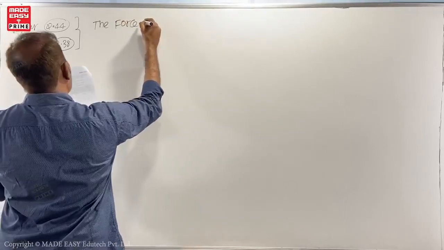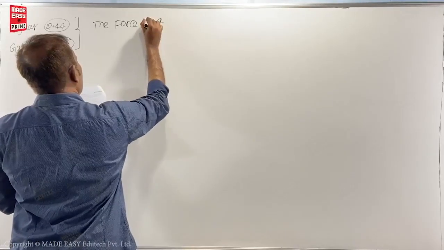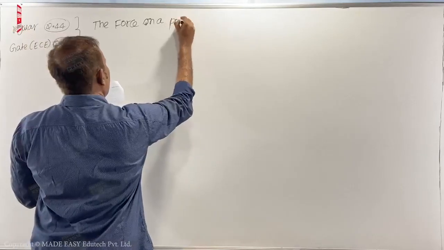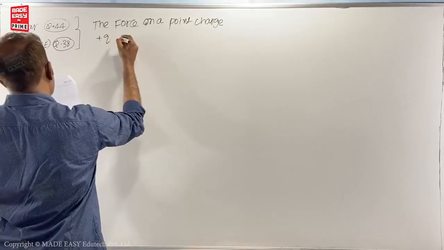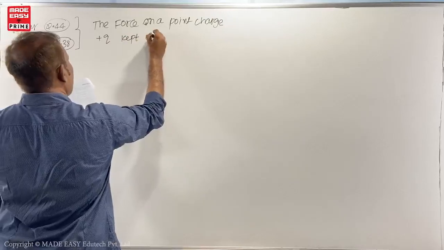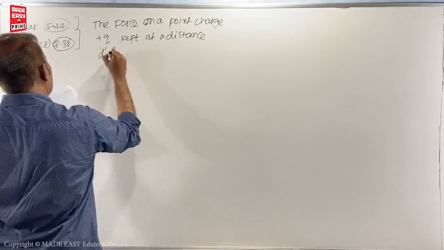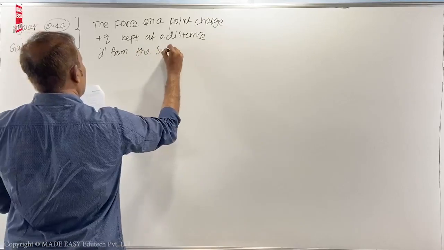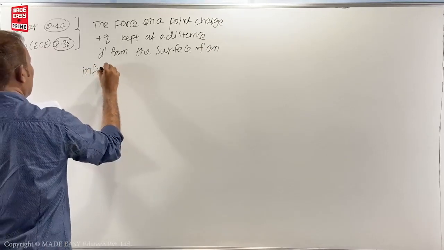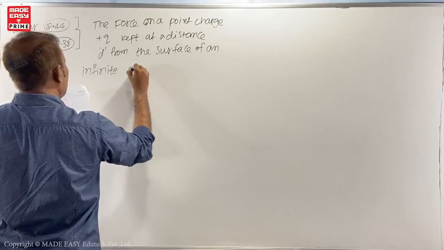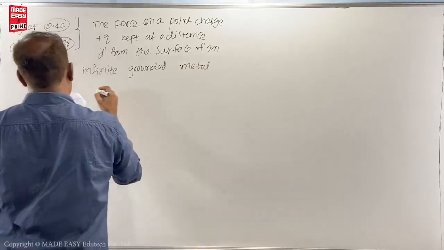The force on a point charge plus Q kept at a distance d from the surface of an infinite grounded metal plate.